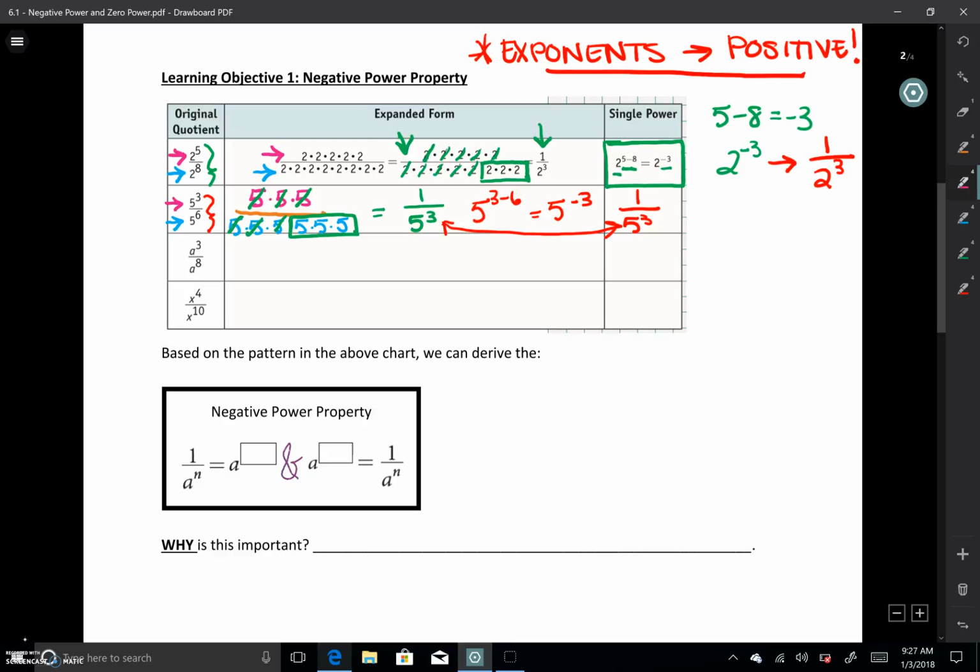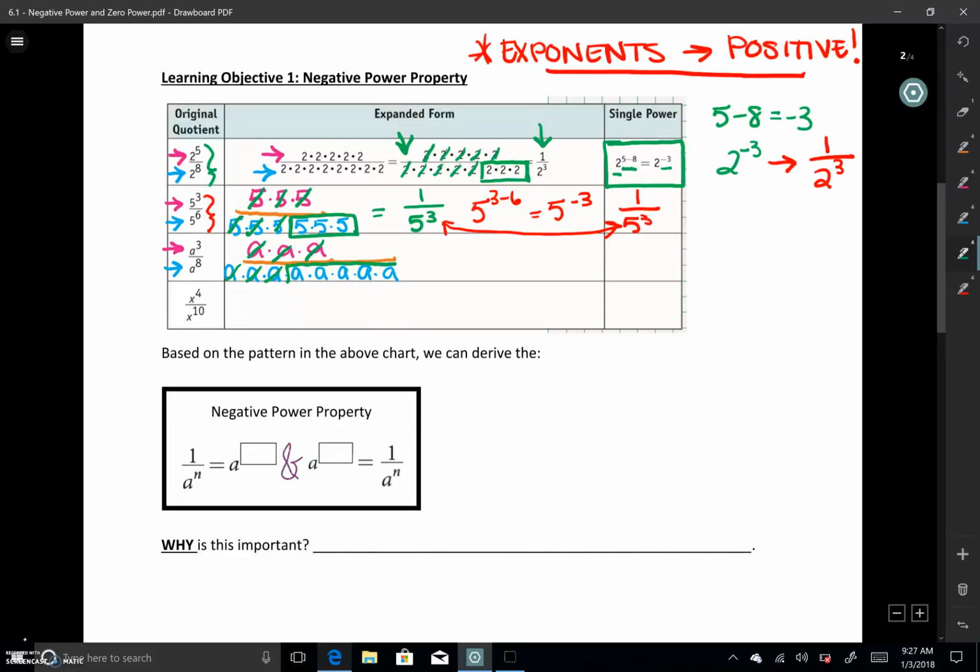In the third line here, we have a cubed in the numerator. So I have a times a times a. And I'm going to put that all over a to the 8th in the denominator. So I'll have a times itself 8 times. Extend this here. And then by canceling, numerator, denominator, numerator, denominator, numerator, denominator.